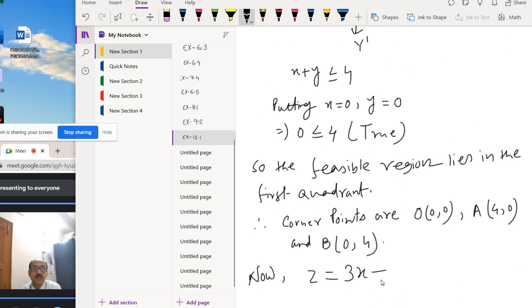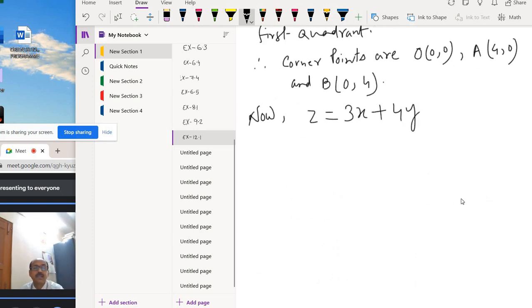At O (0, 0), z equals 3 into 0 plus 4 into 0, equal to 0.